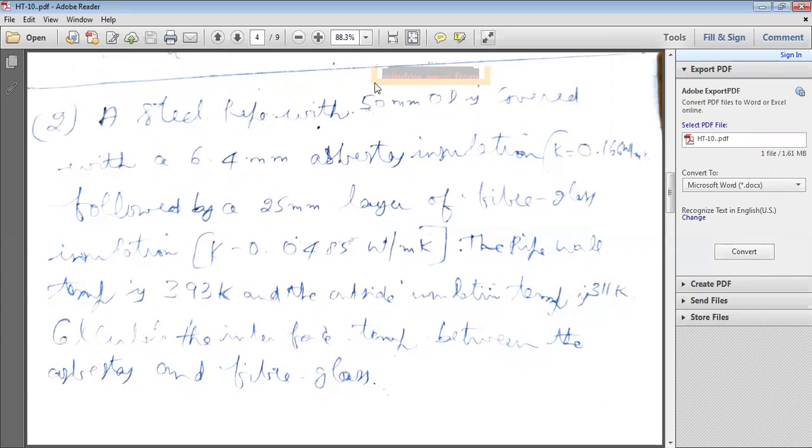There are three materials here. First one is steel pipe. Second, asbestos insulation. Third one, fiberglass insulation.